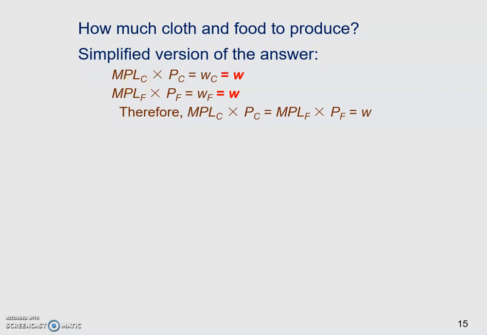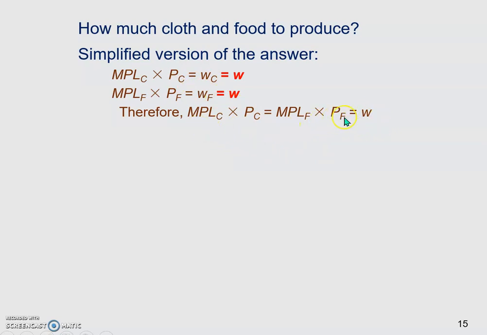The benefit for the company or the employers. And on the right-hand side, that's the cost, okay? That's how much the company has to pay to this unit of labor, okay? So when the company maximizes its profit, again, these two are equal, right?